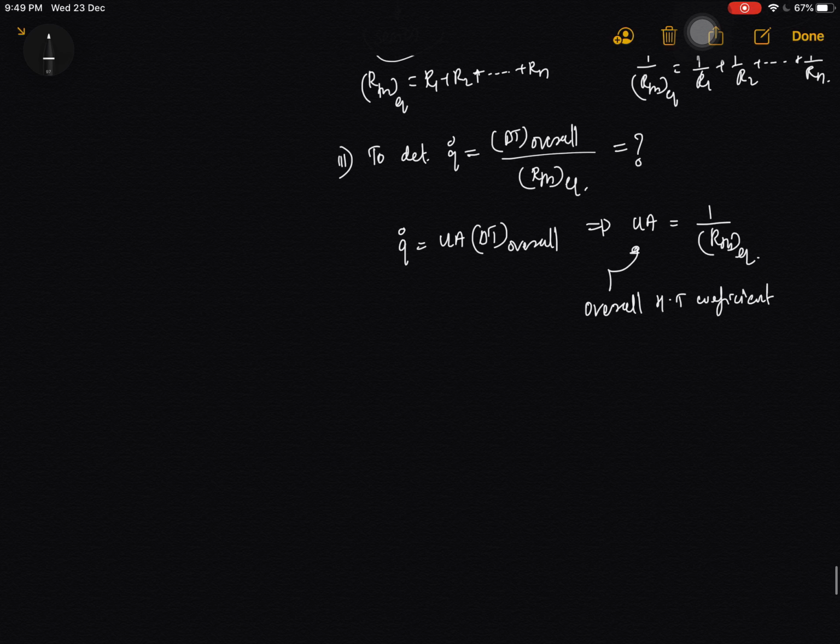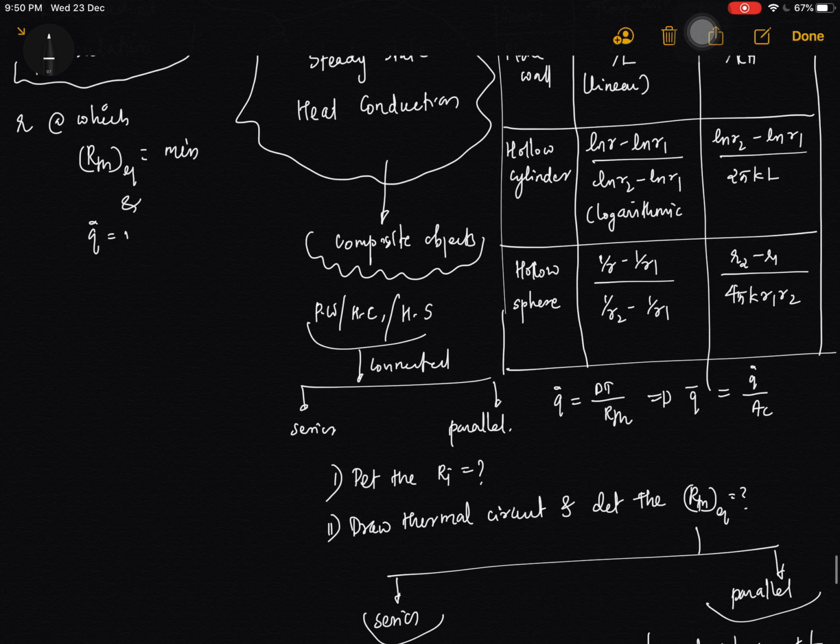And then in steady state heat conduction we dealt with the critical radius of insulation. Okay, and this critical radius of insulation is the radius R at which the RTH equivalent is minimum and also the heat transfer rate is maximum.